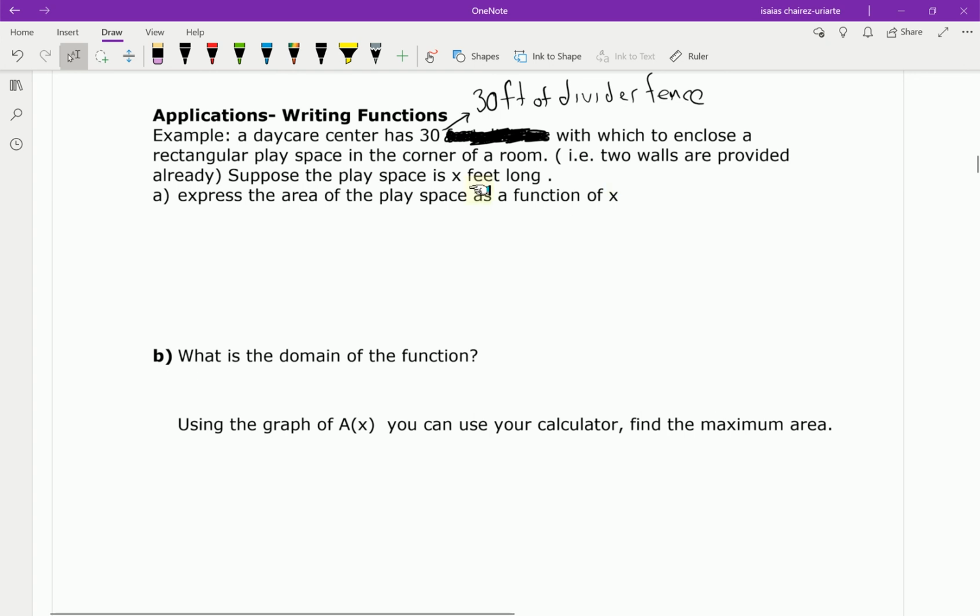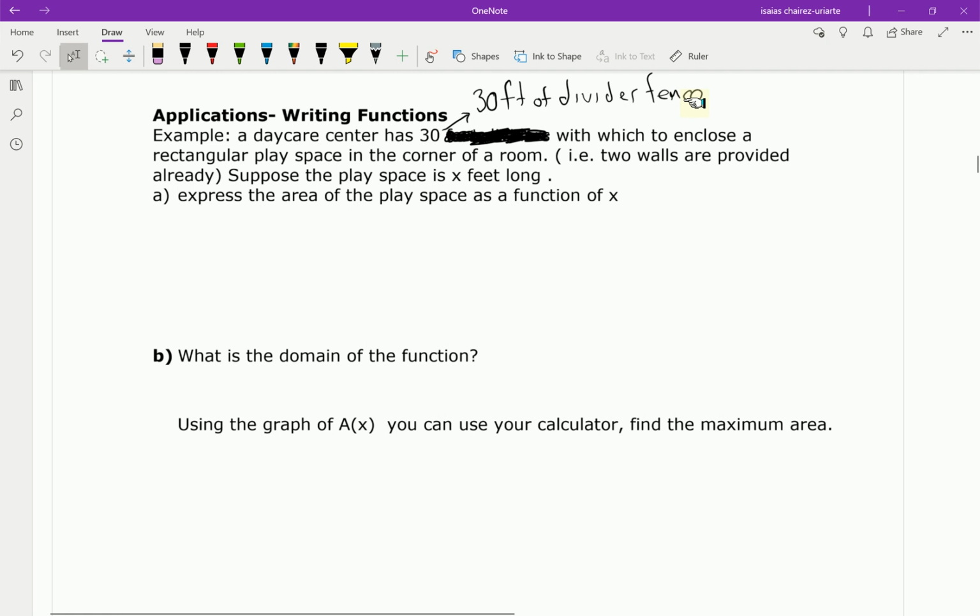All right, so in this example, let's change the wording a little bit, otherwise it's kind of confusing. So a daycare center has 30 feet of divider fence.